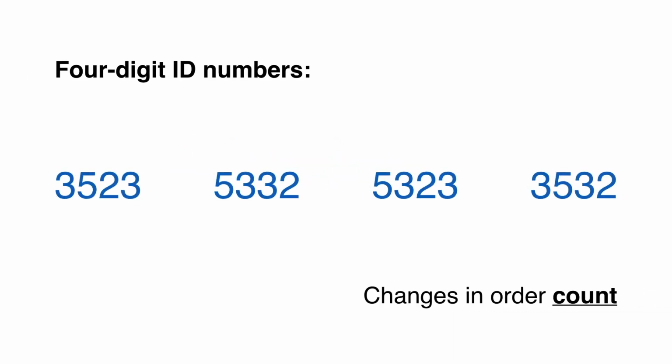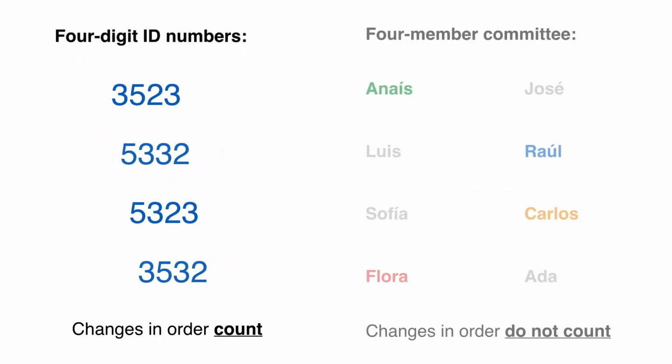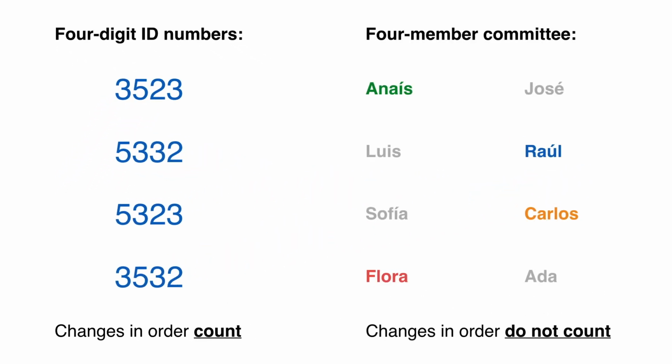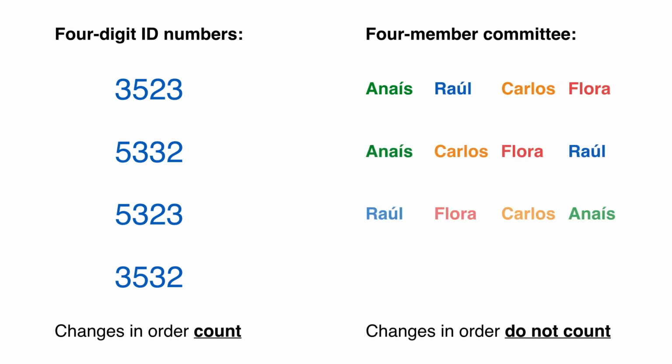For example, if one wants to know how many choices of 4-digit ID card number can be made, certainly the order of choice is important. For example, 3523 and 5323 are different ID numbers. But if one wants to select a committee of 4 members, different orders of choice of the same people does not change the resulting committee.